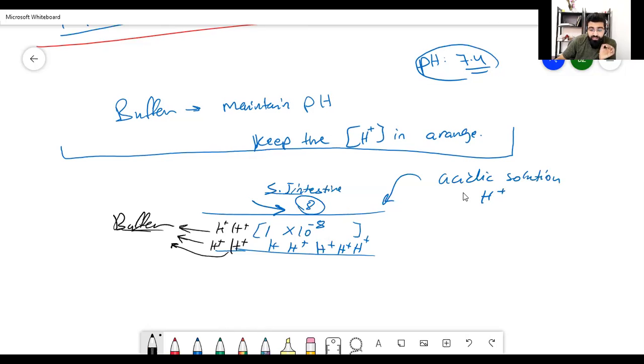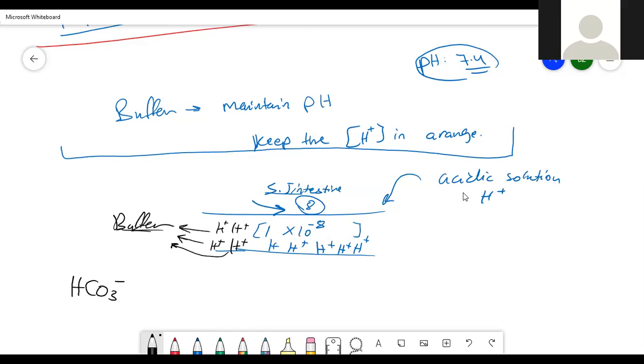Now, we said that if you remove the excess H pluses, the pH will not change. You agree with me? Okay. So how does the buffer remove the H plus? Easy. The buffer is HCO3 minus. This is the buffer, a compound.